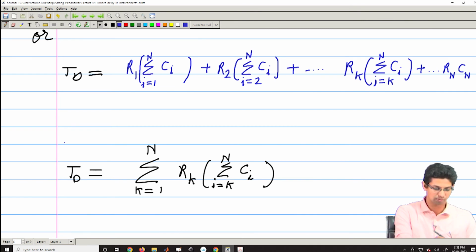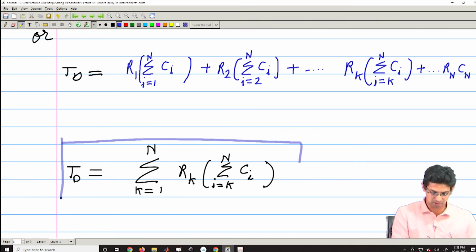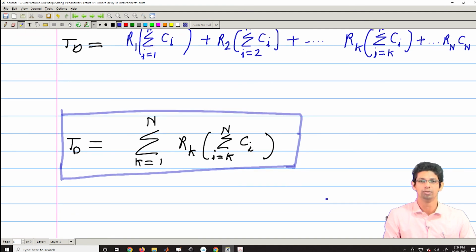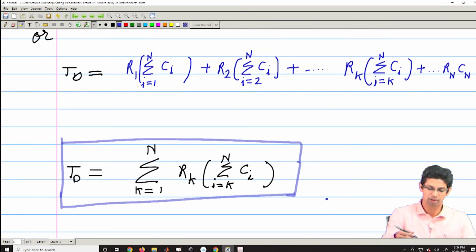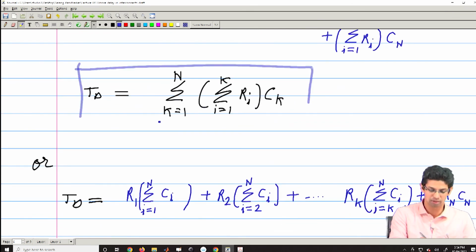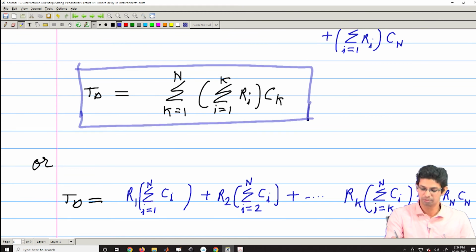So, I can finally get an expression of this form. Both these expressions are identical, it is just a different way of looking at it. When we look at branched interconnects, you will appreciate why different approaches can have different utility for different types of networks.